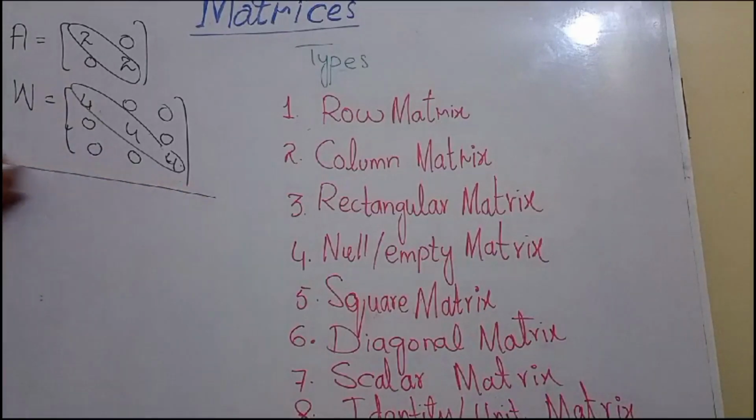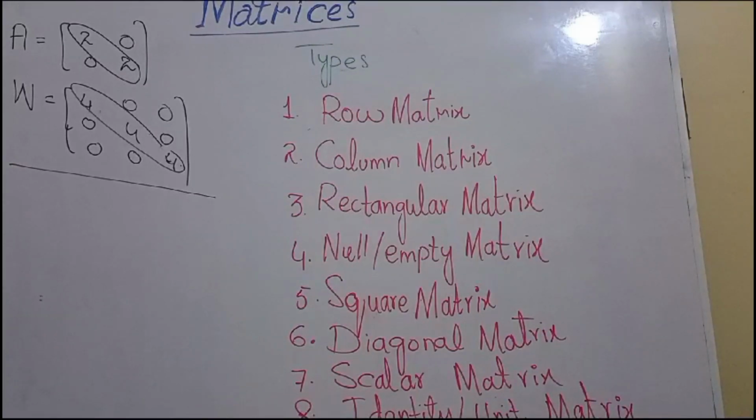Okay, friends, let's move toward the last type of matrices, that is the identity or unit matrix. For the identity or unit matrix, the first conditions hold. It should be a square matrix, then it should be a diagonal matrix.